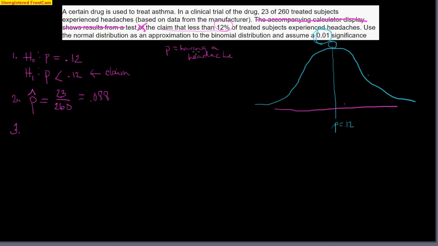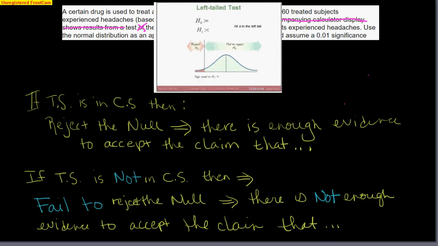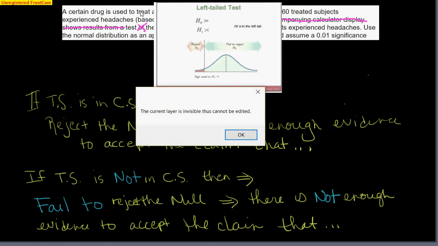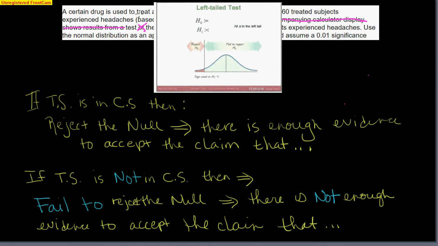And if you look at your table on the very back of your stats packet, and I'm just going to close this and open this. Let's see, where was it? Right here. You are going to see that in this picture right here, because this is our null hypothesis, always an equality, but our alternative hypothesis is a less than.